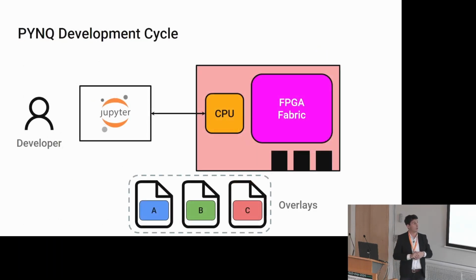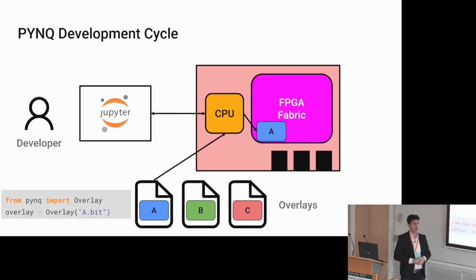Okay, so how do we use PYNQ? PYNQ is intended for software developers in order to use custom-made accelerators. Let's say that we had a group of hard-working hardware engineers, and they prepared a couple of overlays, a couple of hardware designs. So what does our developer need to do in order to start using these accelerators?